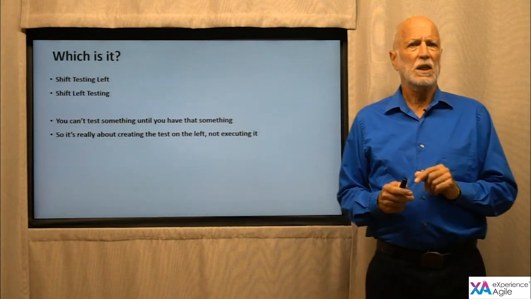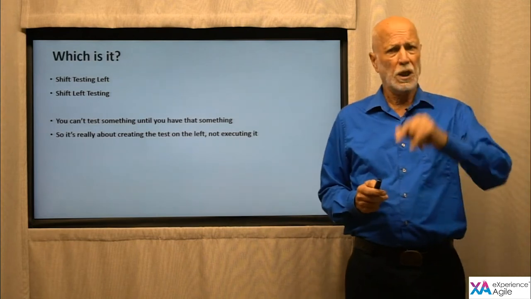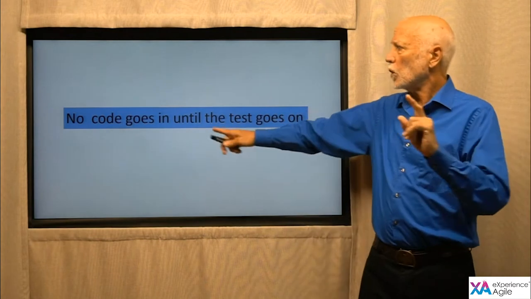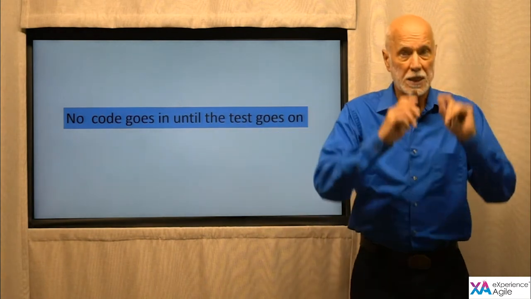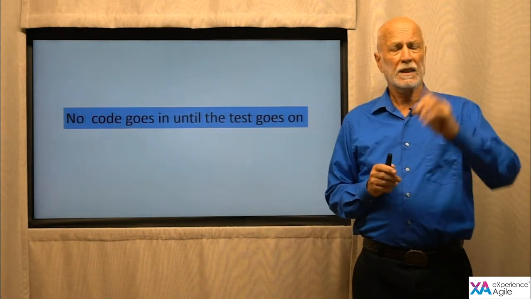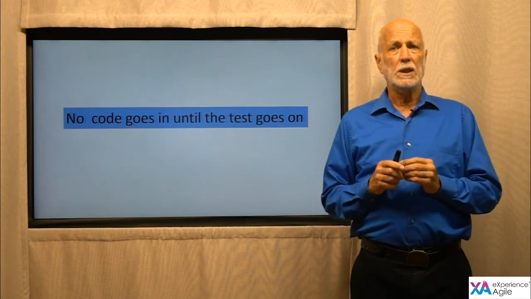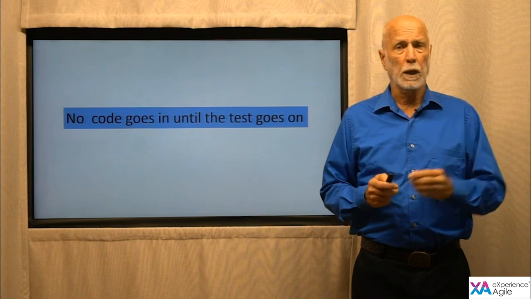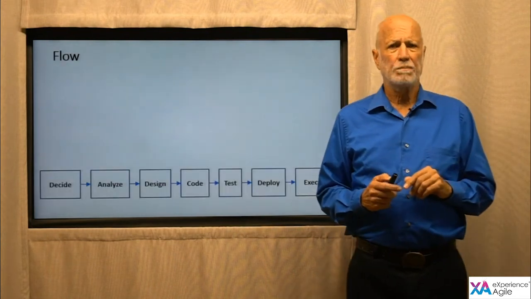So shift testing left, shift left testing, whichever you like. The key is that no code goes in until the test goes on. We're not going to write a single line of implementation until we have a test that tells us that implementation is working properly.